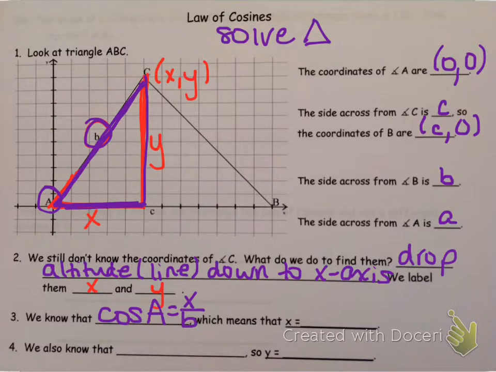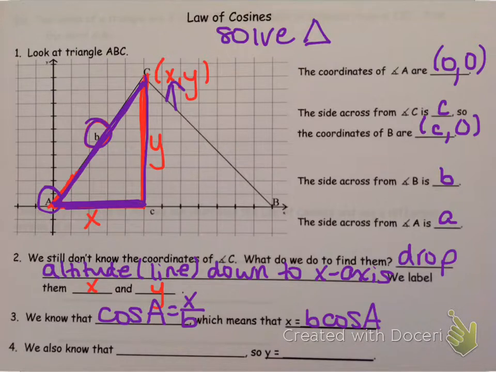So to solve for this x-coordinate, it would be B times the cosine of A.